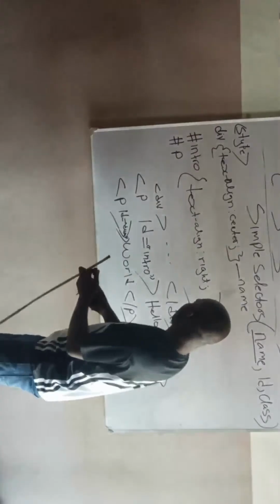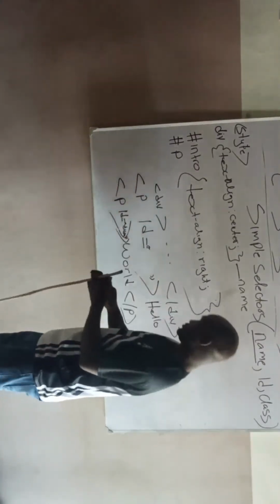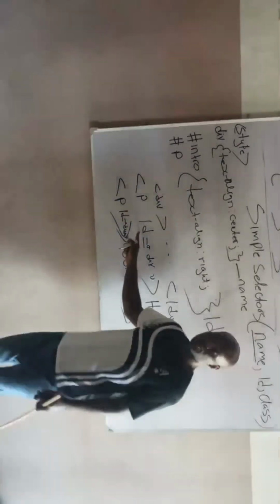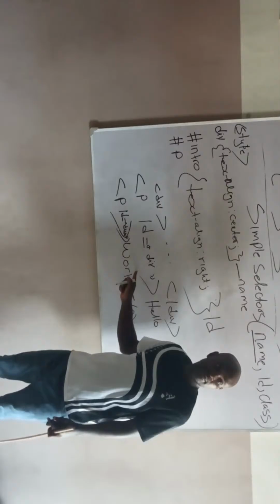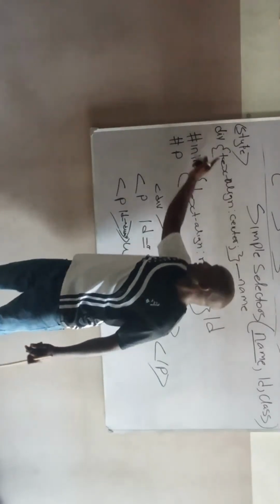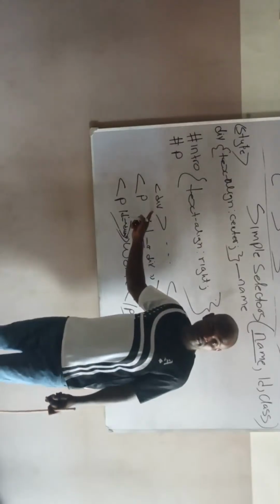And even if here I have div as an ID, will it affect this one? No. I have div here, and I say text align center. Will it affect this div? Yes.